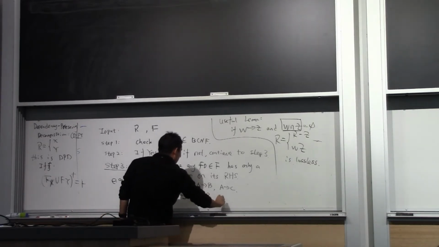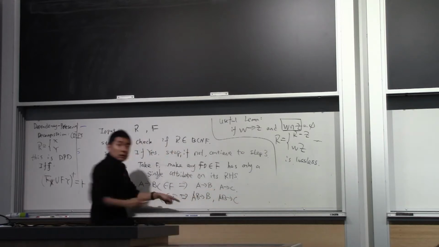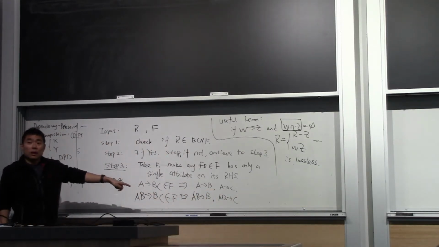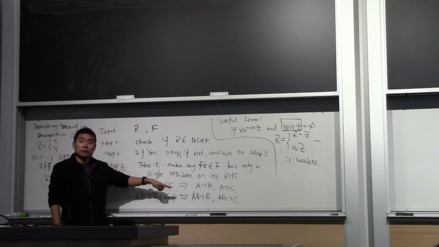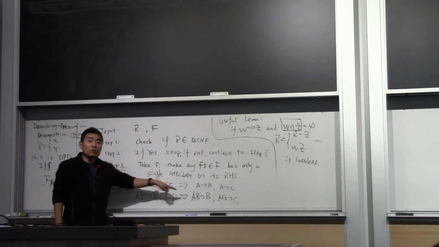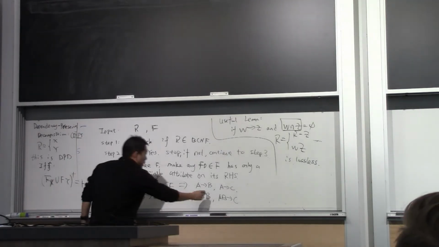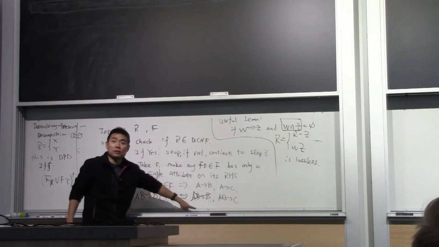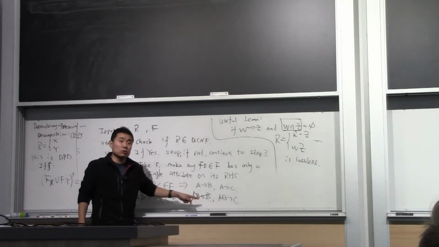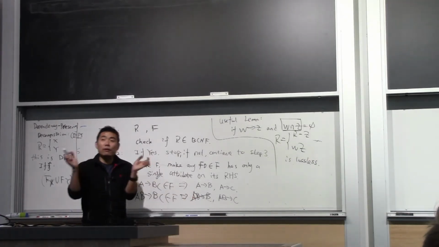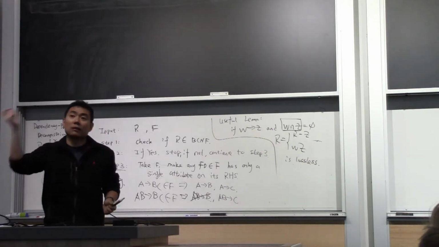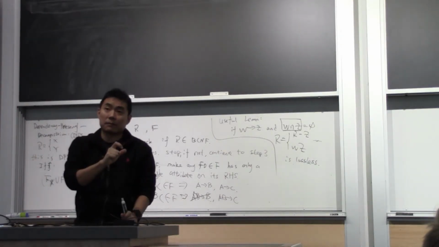I get this. What's critical about this step? Once you do the decomposition like this, you can get rid of trivial functional dependencies such as AB determines B. A trivial functional dependency means that the right-hand side is a subset of the left-hand side.